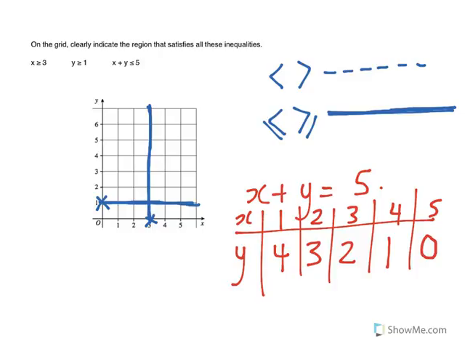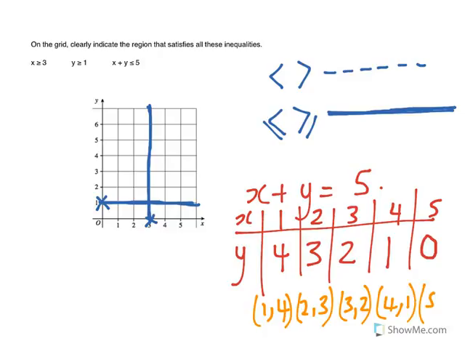So they are coordinates on this straight line. I have the coordinates when x is 1, y is 4, when x is 2, y is 3, when x is 3, y is 2, when x is 4, y is 1, and when x is 5, y is 0.